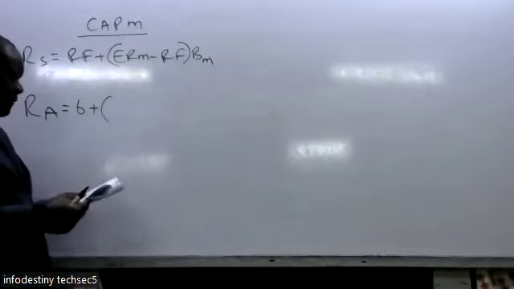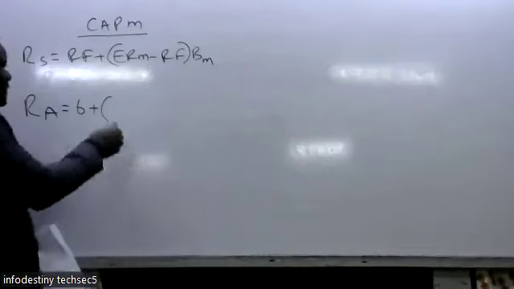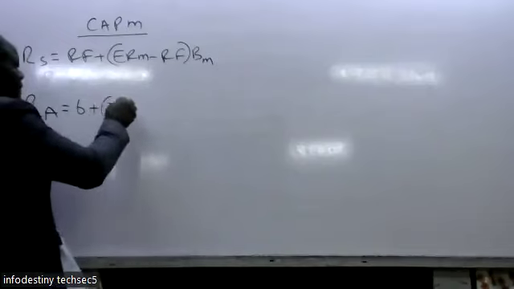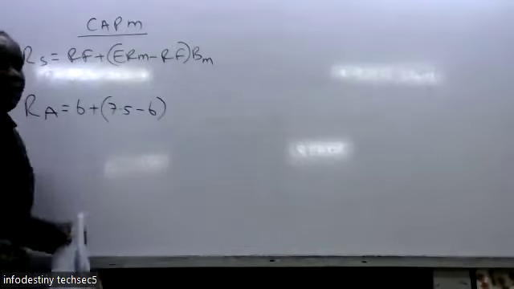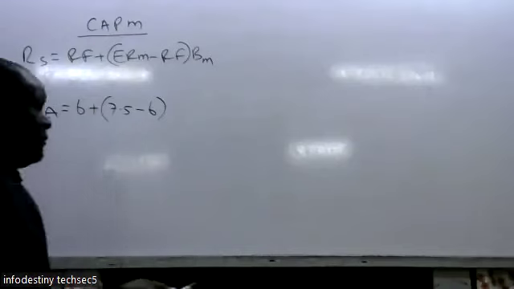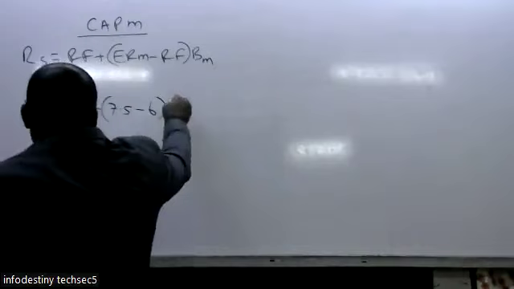We have said 5 plus 2.5 is the same as 7.5. So we minus the risk-free rate, which is again 6. Then the beta factor. You see the sensitivity factors. So we use only the ones for the market. For A, the market is given as 1.5.